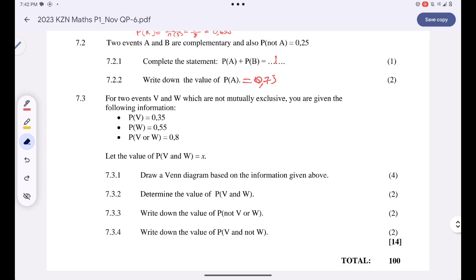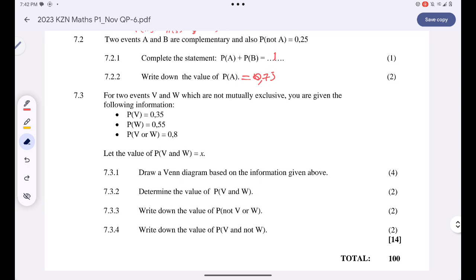For 2 events V and W which are not mutually exclusive, the following information is given. The probability of V is 0.5. The probability of W is 0.55. The probability of V or W is 0.8.